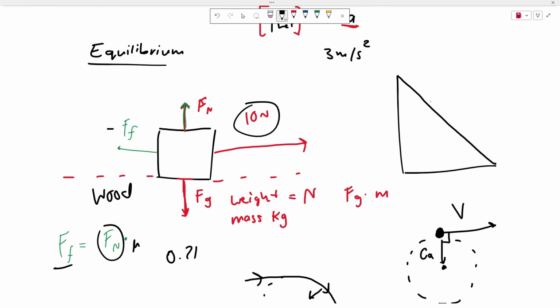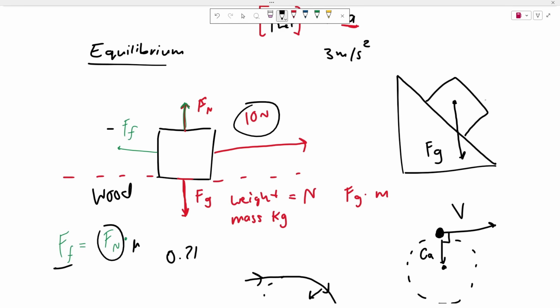inclined surface. If you ever have a box on an inclined surface, what's going to be accelerating it depends, but what's going to happen here is your force of gravity, or your weight, is still going to be applied directly downwards. It's not going to be applied on the slope like this. It's going to be applied directly down towards the ground. So this is going to be your force of gravity or your weight.